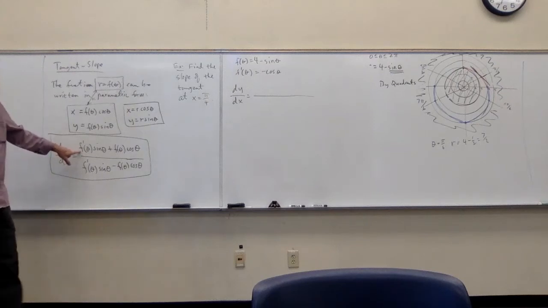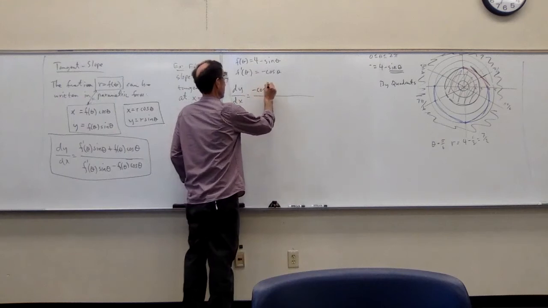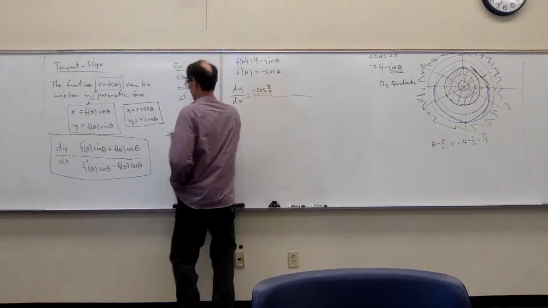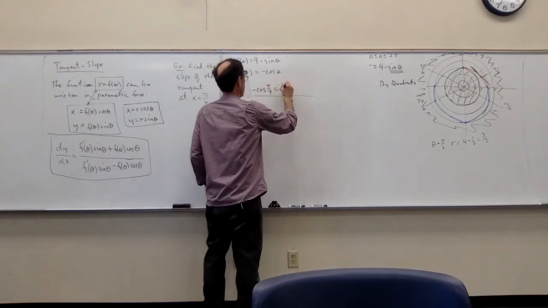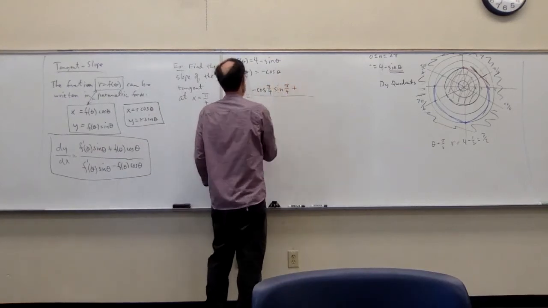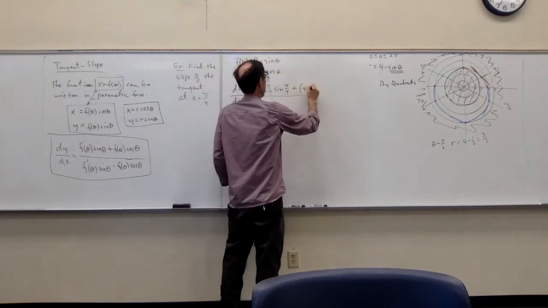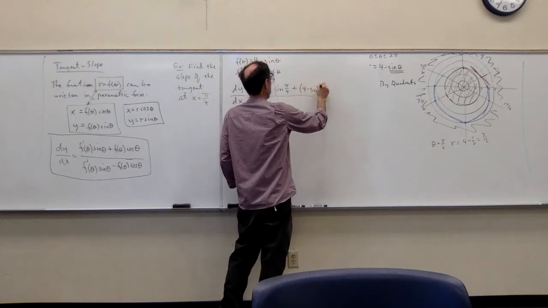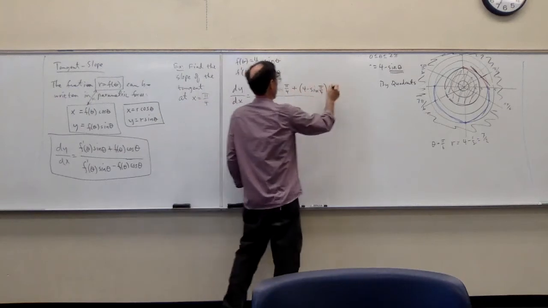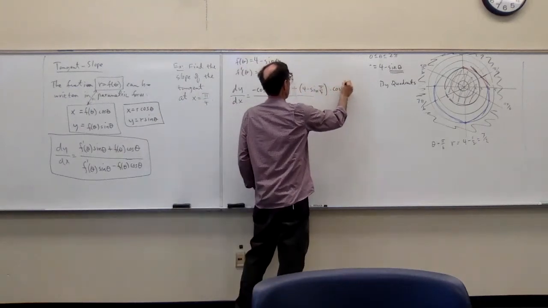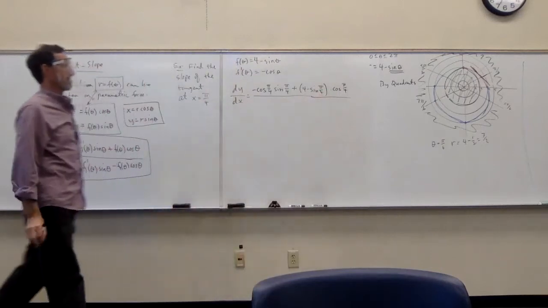So in the numerator: f prime of theta, minus cosine pi over 4 times sine pi over 4, plus f of theta, 4 minus sine pi over 4 times cosine pi over 4.